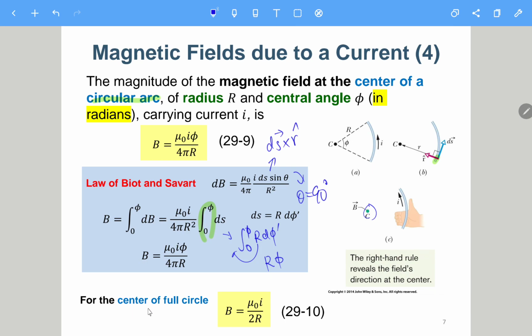So that is a special case for this equation: the center of a full circle, which means that here phi is 2 pi, a full circle, 360 degrees. So if phi is 2 pi, 2 pi and 4 pi will be partly cancelled to be a 2. So we have mu0I over 2r. This one is similar to the one except a pi, but they are two different cases.